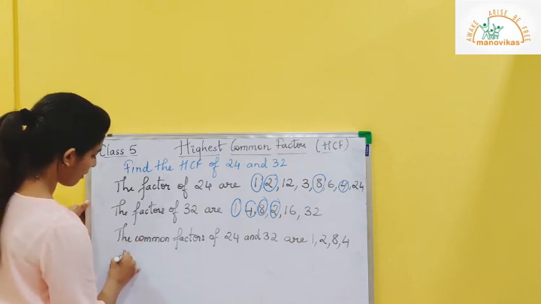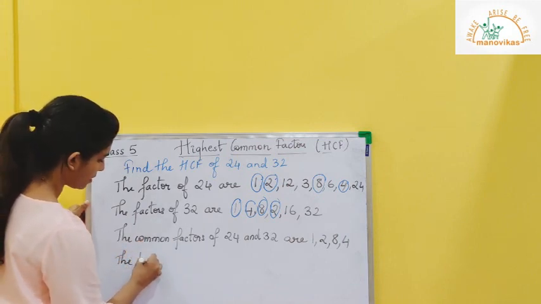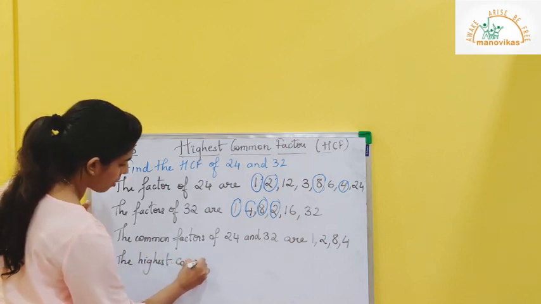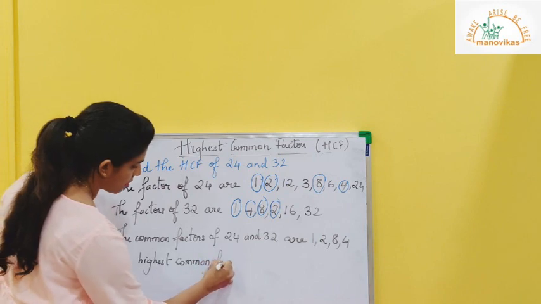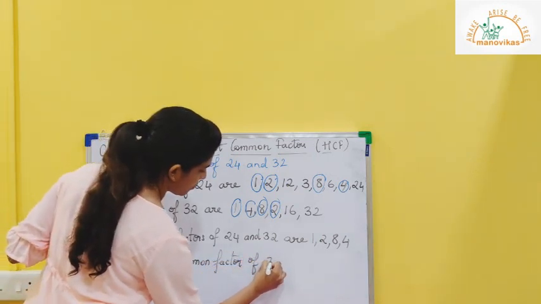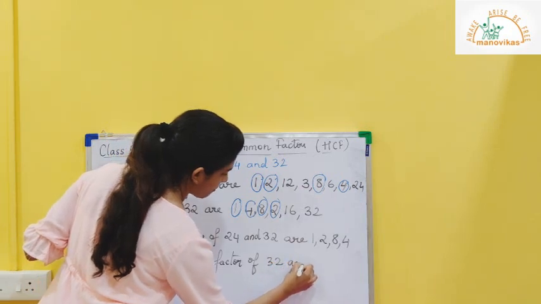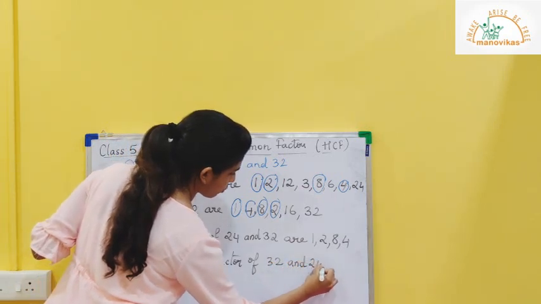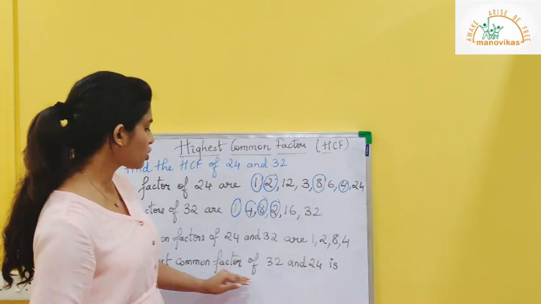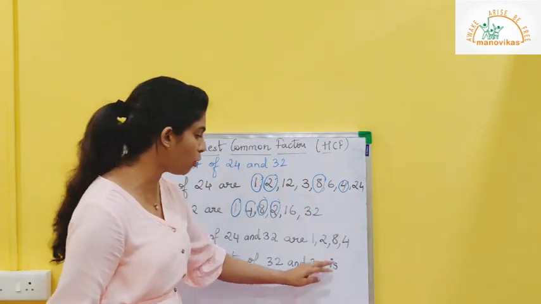And the final step is to find the highest common factor of 32 and 24. Which is the highest common factor of 32 and 24?